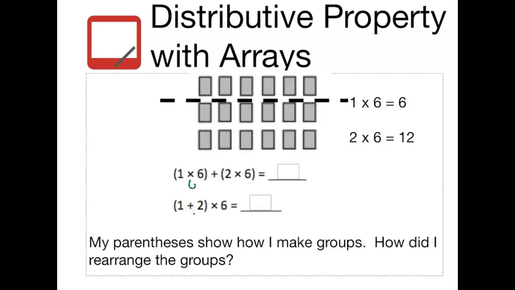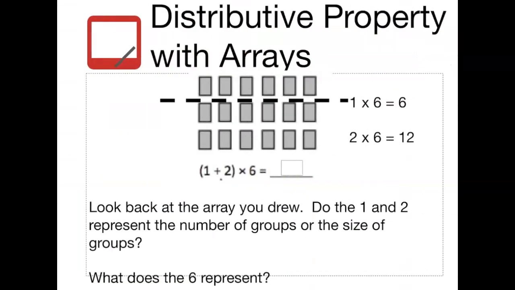Well, 1 times 6 is 6. 2 times 6 is 12. If we add those together, we get 18. 1 plus 2 is 3 times 6 is also 18. So we can solve those smaller problems to get our total.